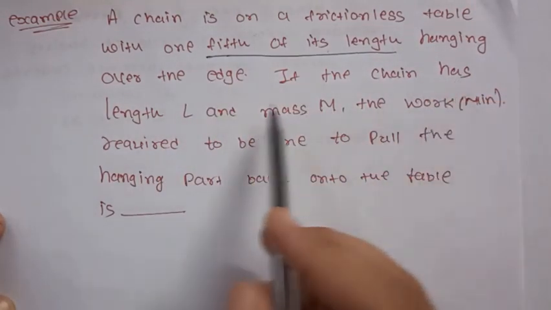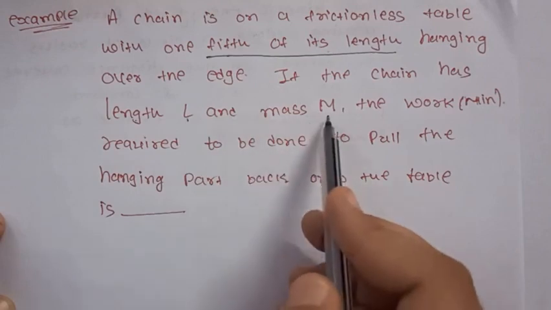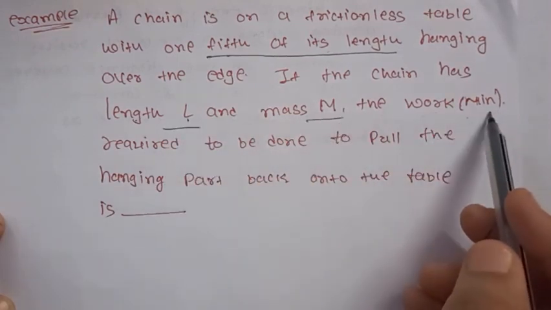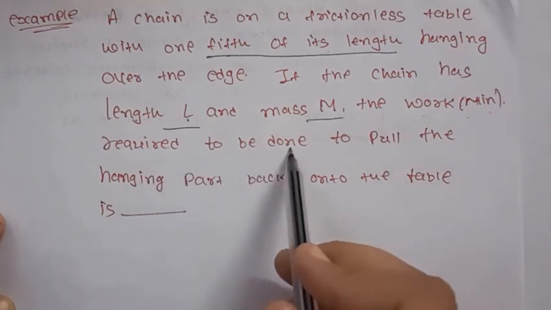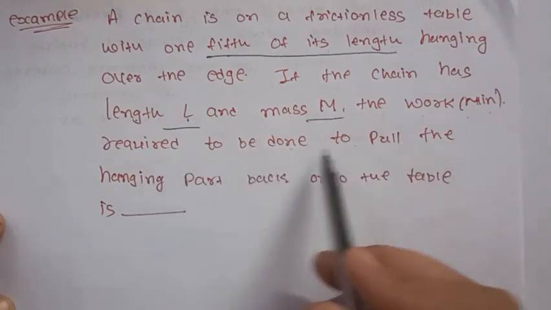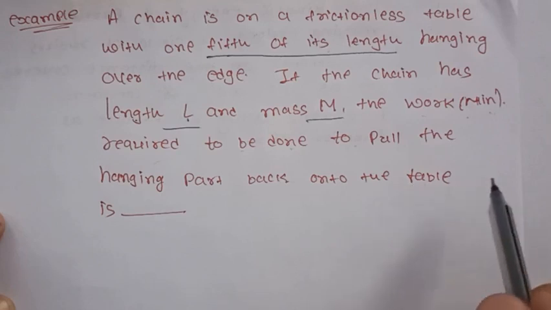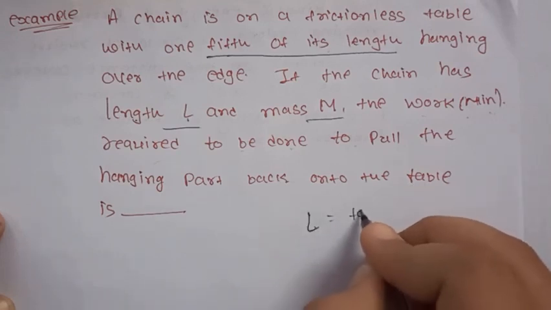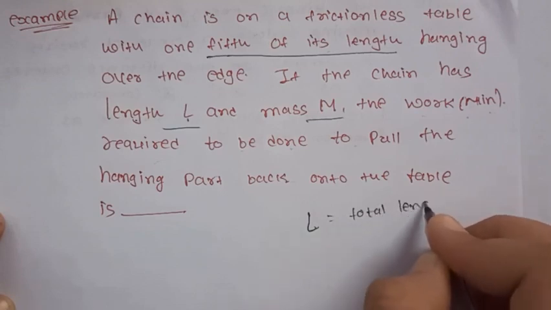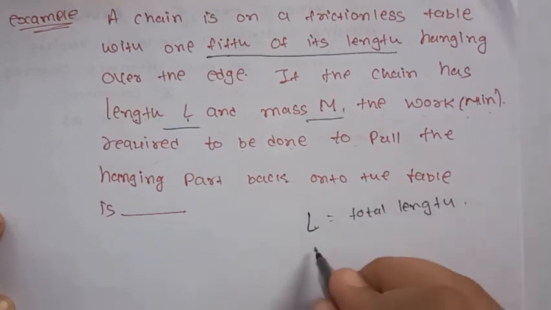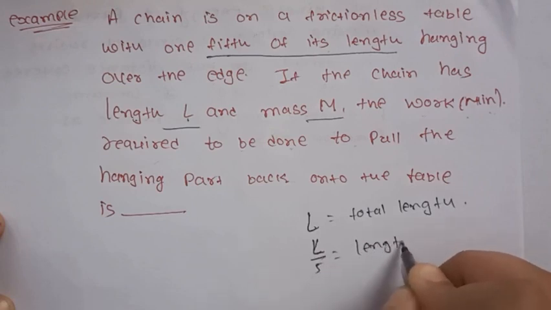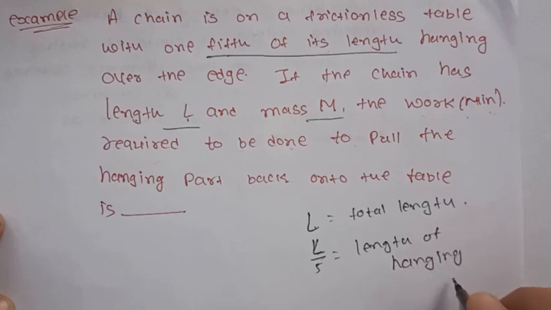If the chain has length capital L and mass m, then what is the minimum work done required to pull the hanging part back onto the table? Here L is the total length and L by 5 is the length of the hanging part.